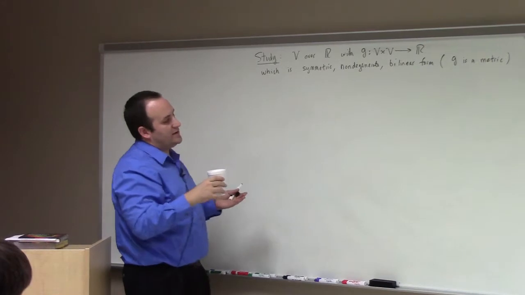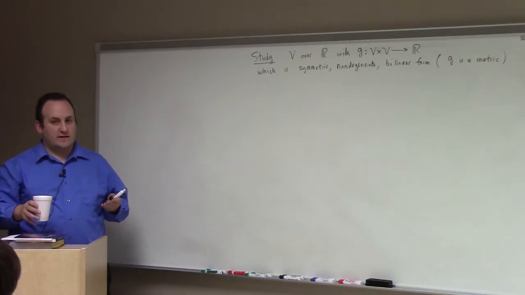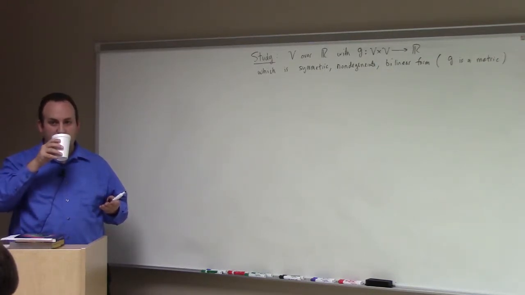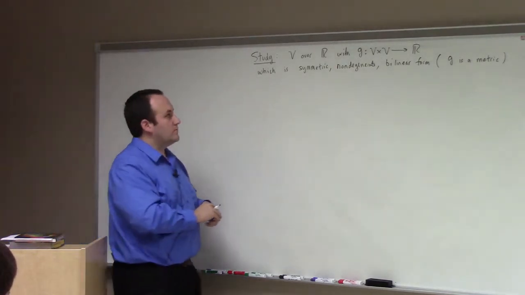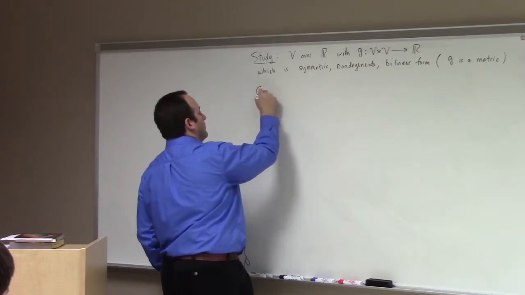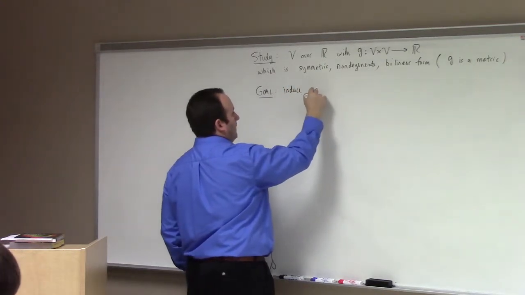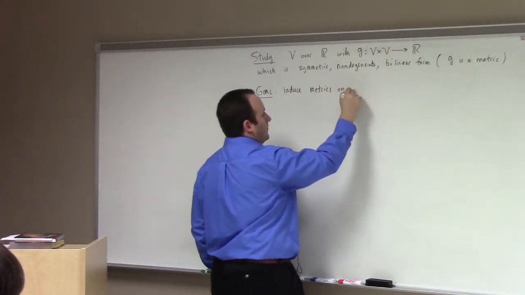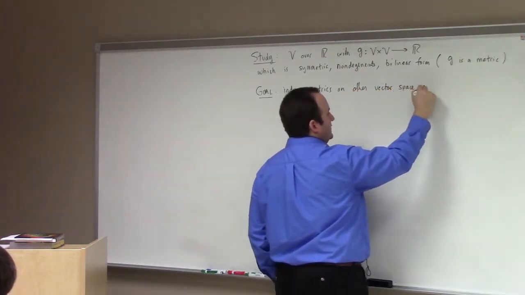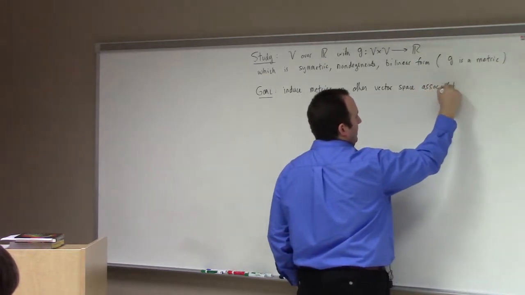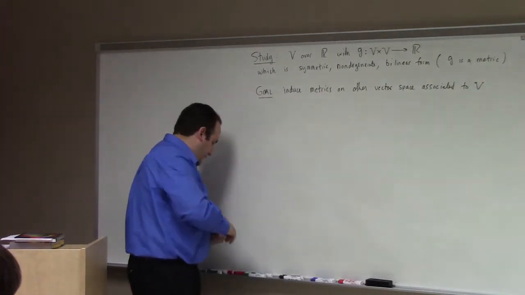Okay, so what I want to describe to you is how we can use this given metric to induce metrics on all of our other favorite spaces corresponding to V. What are those spaces? Other vector spaces, let's say, associated to V. Let's see, what would be counted among that list?